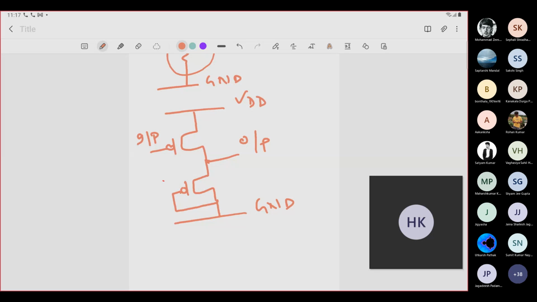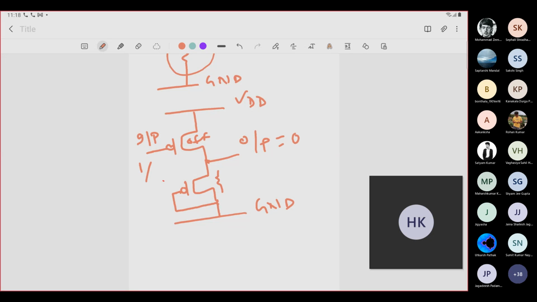The circuit principle is like this. Since the load PMOS is grounded, it is normally on, and it acts as a resistor. If the input is 1, the driver is off, and since the load is normally on because its gate and source are connected, the output will be connected to the ground, so you will get a logic 0.